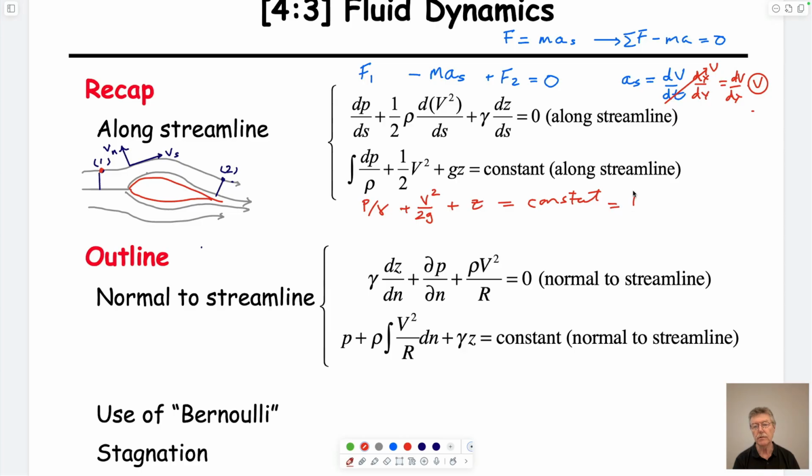So in other words, we wrote this as P2 over gamma plus V2 squared over 2G plus Z2. These were all point ones. And the only term that we have that we don't know is this. And so we can work with that.